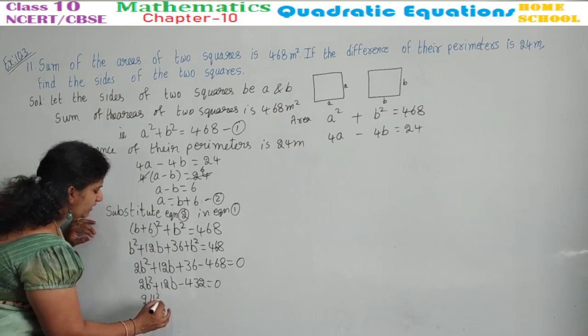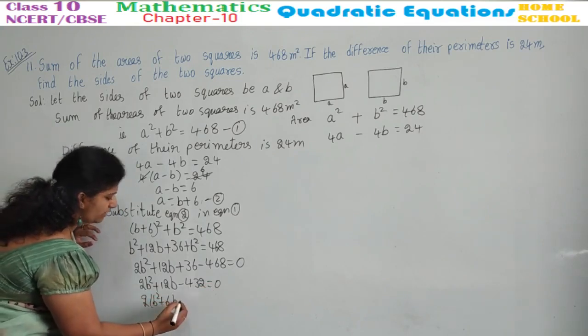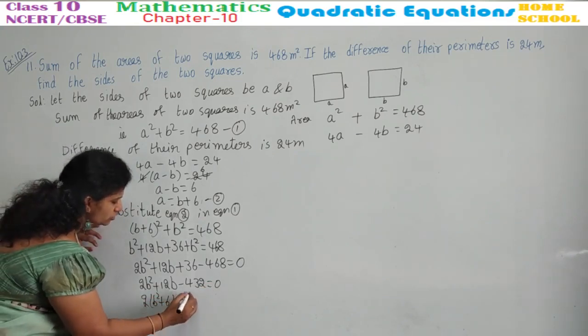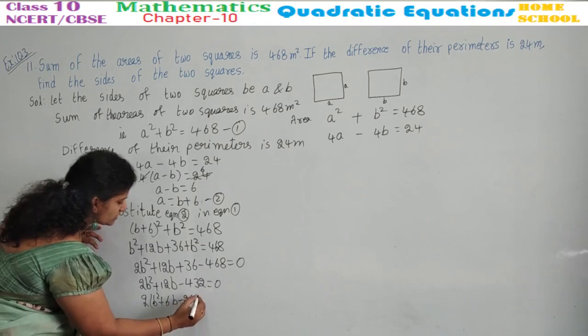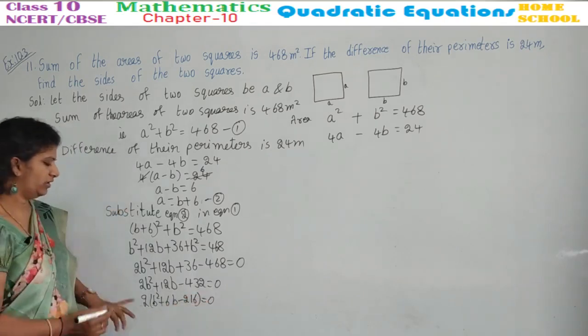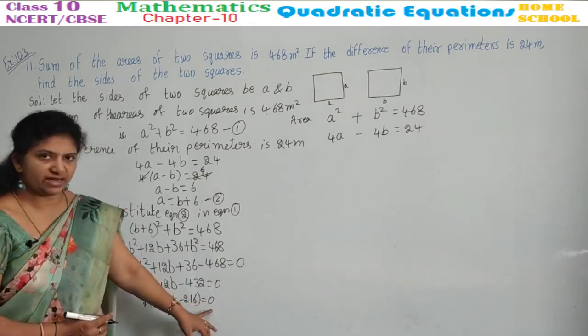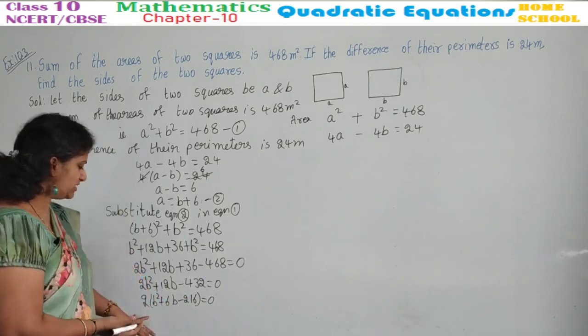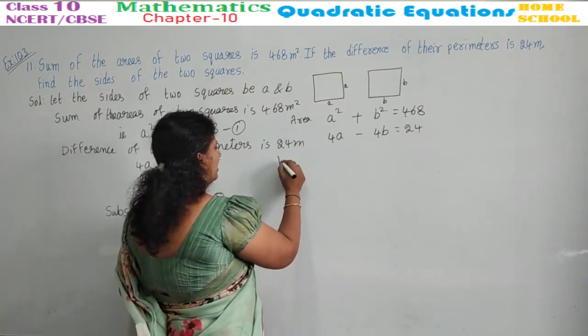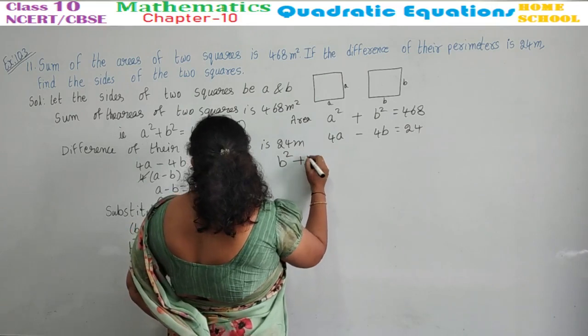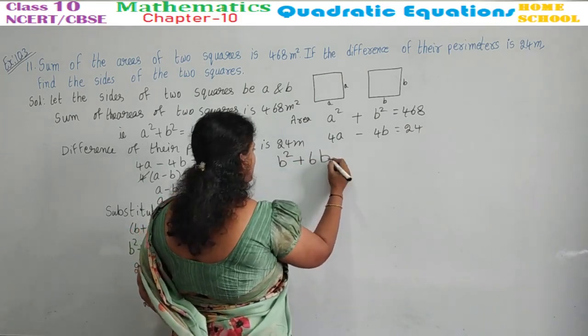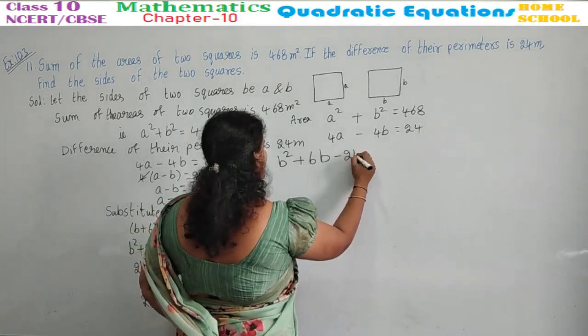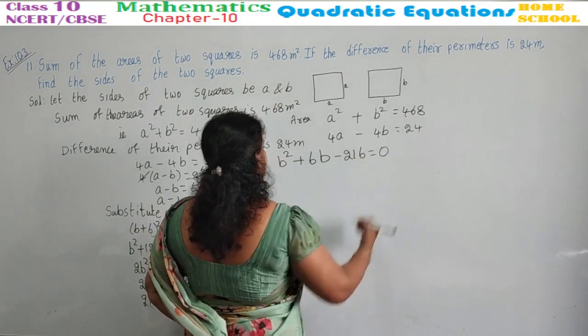B square plus 6b minus 2 2s are 4, 2 1s are 2, 216 equal to 0. And this 2 send other side, divide by 0, 0 it becomes. Now b square plus 6b minus 216 equal to 0.